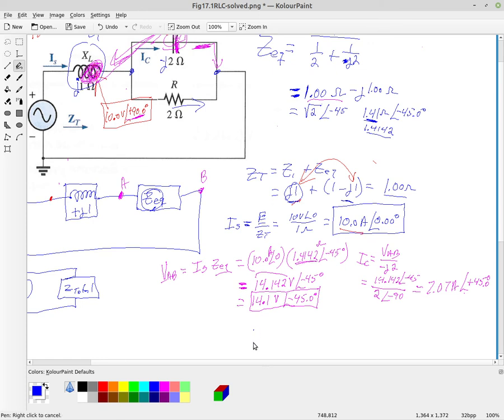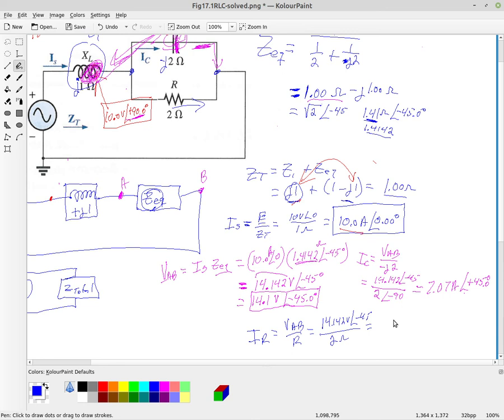So the current through the resistor, IR, is VAB divided by R. VAB is 14.142 volts at an angle of minus 45 degrees, and the resistance is simply 2 ohms.